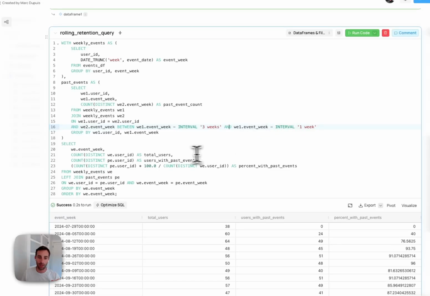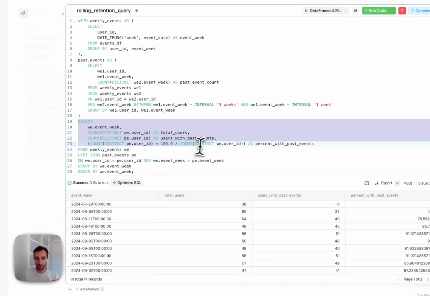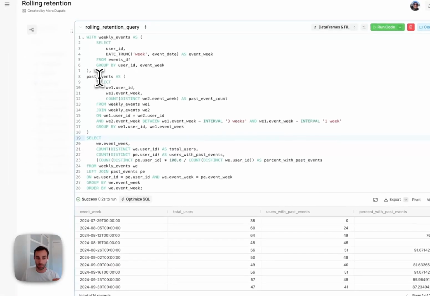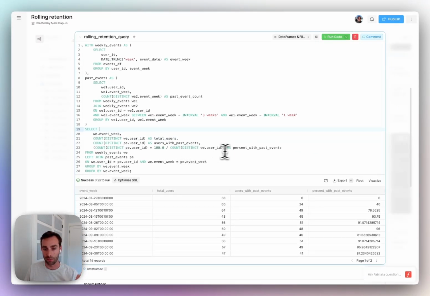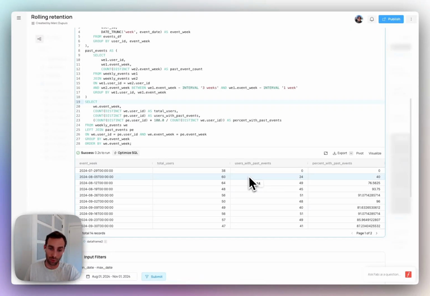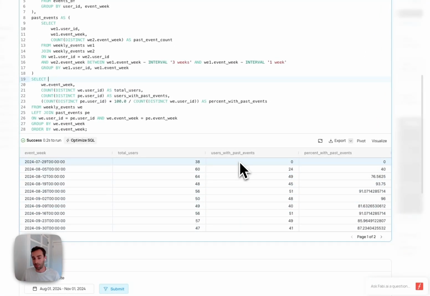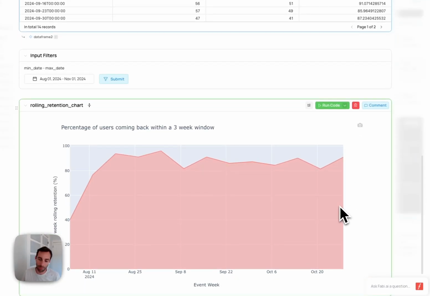And then we join this to do a calculation in this final statement, where we calculate the total number of users. The total number of users with a past event is computed in a past events CTE here. And then, of course, the percentage. So when you do that calculation, you end up with total users for a given week, how many of those users were present within that select window, and what percentage that represents. And of course, you can then plot that.